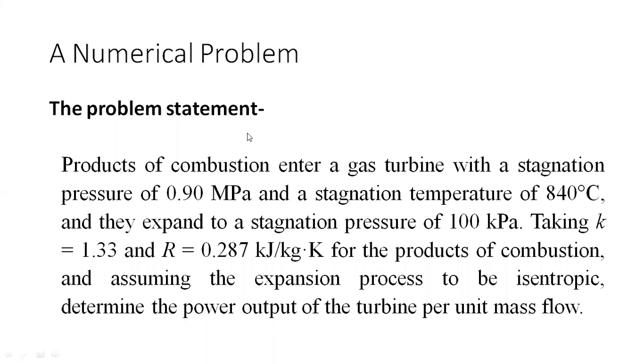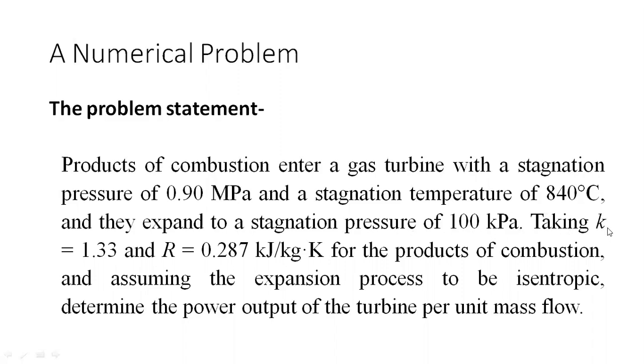The problem statement is as follows. Products of combustion enter a gas turbine with a stagnation pressure of 0.9 megapascal and a stagnation temperature of 840 degrees centigrade, and they expand to a stagnation pressure of 100 kilopascal.